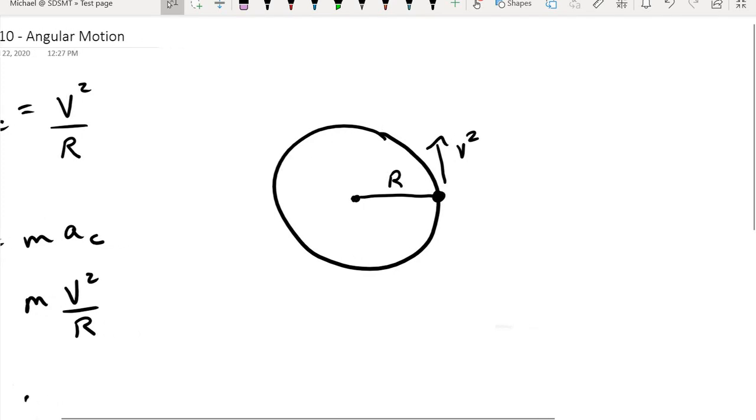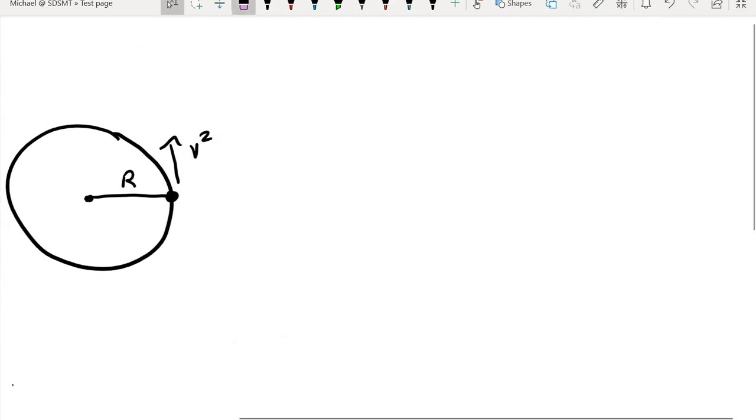But now we want to see if we can figure out how to describe the motion of an object that's going around in a circle without having to deal with constantly changing x and y components. As we continuously go around the circle, not only are we changing the direction of our velocity vector, but we're also changing the x and y values of our position as we go around that circle.